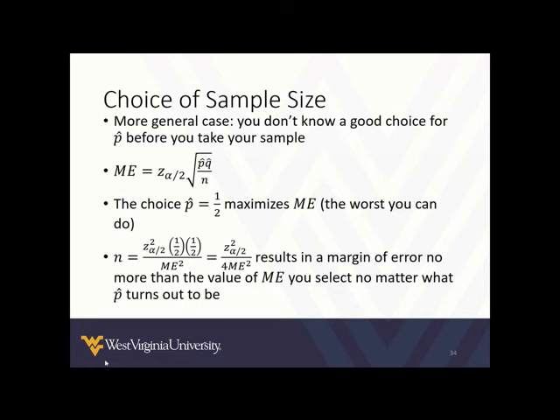And so in that situation, the formula you should use to calculate sample size is z alpha over 2 squared divided by 4 multiplied by your margin of error squared. And so what this will do is that it results in a margin of error no more than the value of the margin of error you select, no matter what p hat turns out to be.